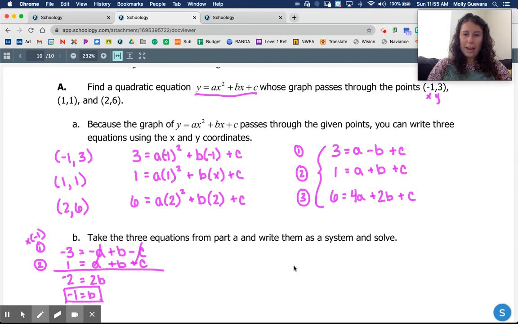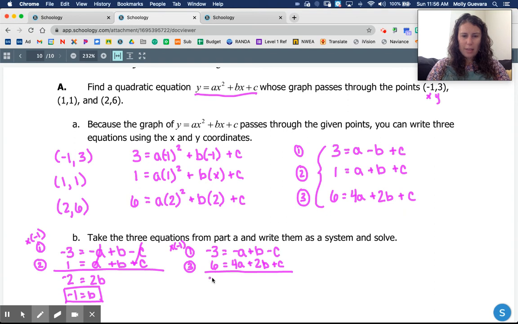Okay. So now I'm going to do maybe 1 and 3, let's say. So again, I'm going to take equation 1 and multiply it by -1. So that gets me -3 equals -A plus B minus C. And then I'm going to take equation 3, which is 6 equals 4A plus 2B plus C. So again, my C's automatically cancel here.